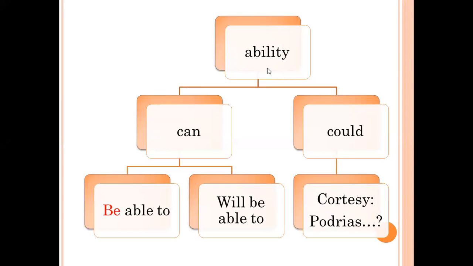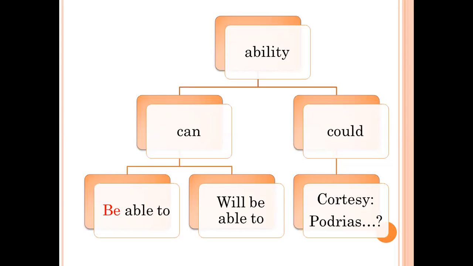It was the modal to express ability. We know that can is for ability in the present and could for ability in the past. As this is only used in the present, we need to use another one, for example, to express future or the other tenses, right?